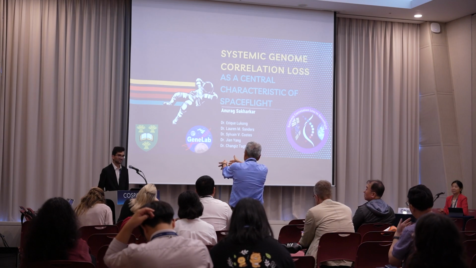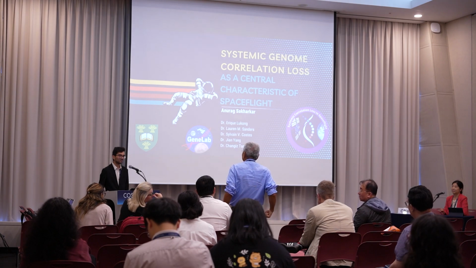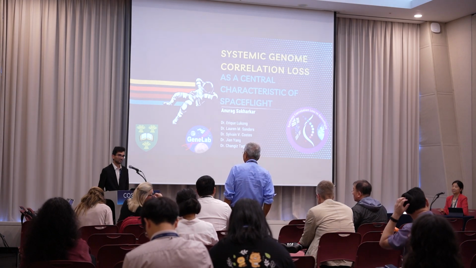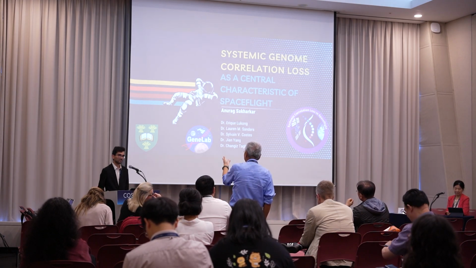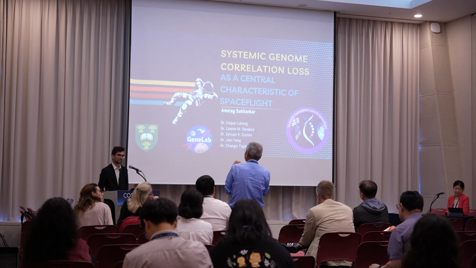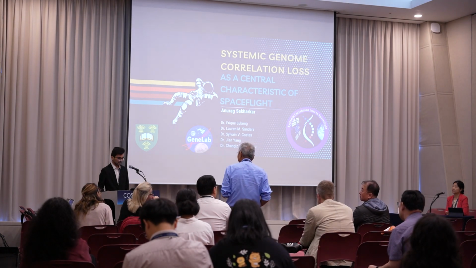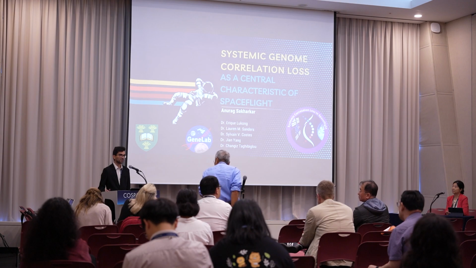Say they basically lost all the correlation or the information we learned on Earth. So I just wonder whether, in this kind of analysis, you'll be able to get some consolidated information out of it.